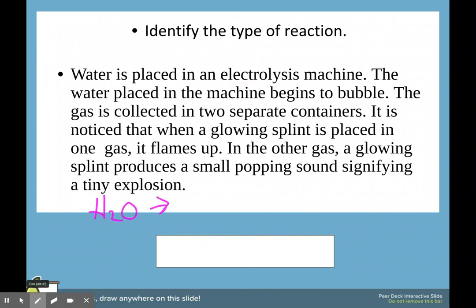So we know that that's going to break down into hydrogen plus oxygen. And it tells us that they have put glowing splints in the gases. And so that's confirming that we've got hydrogen gas that is flammable. So one substance breaks down into two. This is a decomposition reaction.